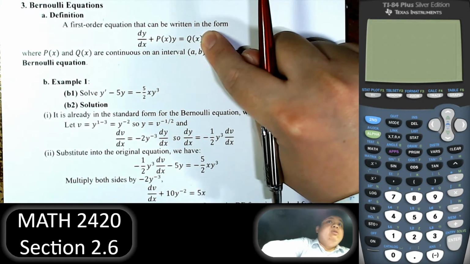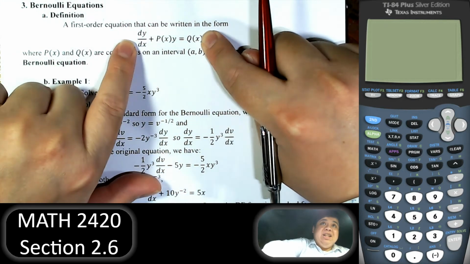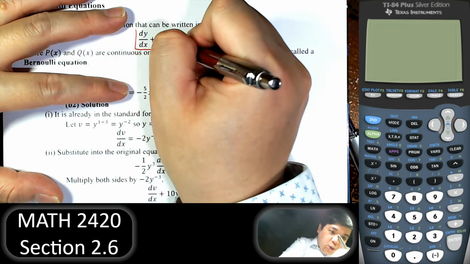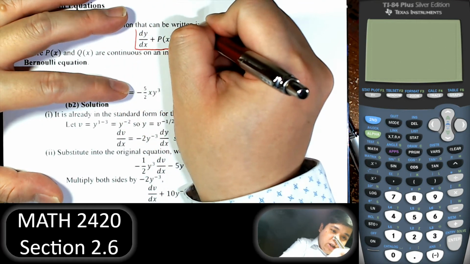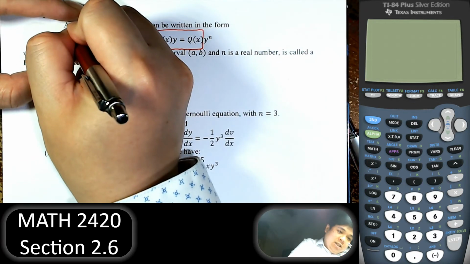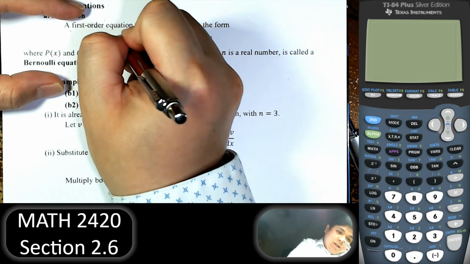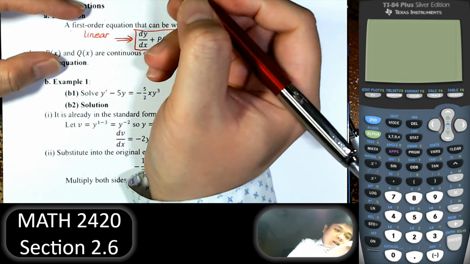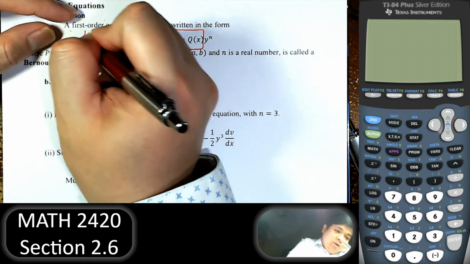If we don't have y to the n power here, this is the linear first order equation. So recognize that we have the linear first order equation except for the y to the n. So this is a linear first order equation, or linear equation.